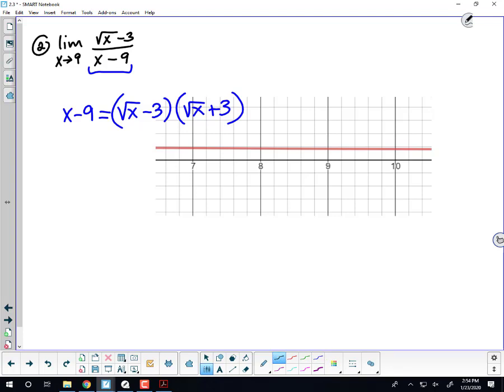So similar to that last example, the root x minus 3 cancels out. We just have this.